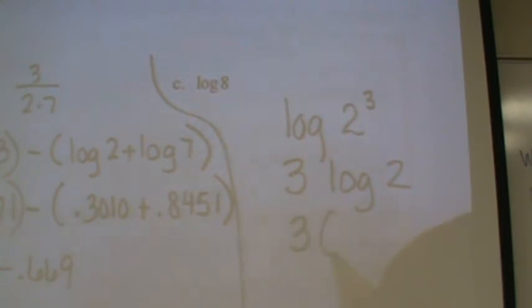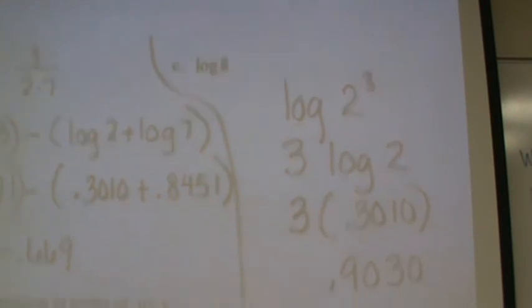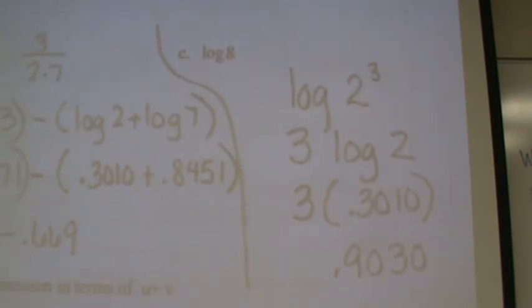What would you do? 2 to the 3rd power is 8, so it's 3 times log of 2. So what is the log of 2? It's 0.3010. What's your answer? 0.903. Easy? Okay, check the next one out.